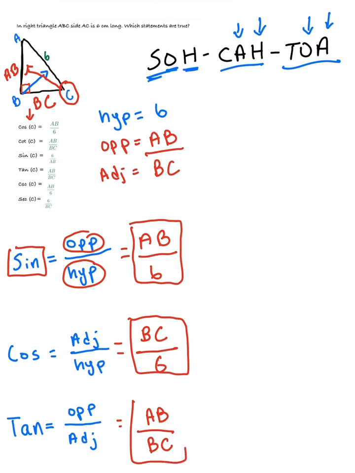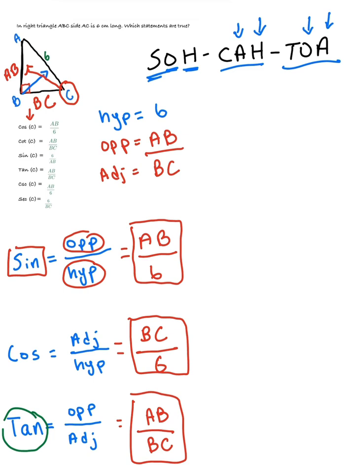I know we still have cotangent, cosecant, and secant. Here's one little trick I use. For tangent, I know the opposite of tangent is going to be cotangent.